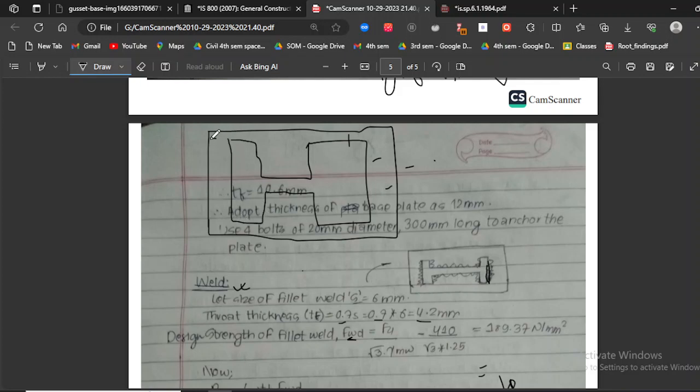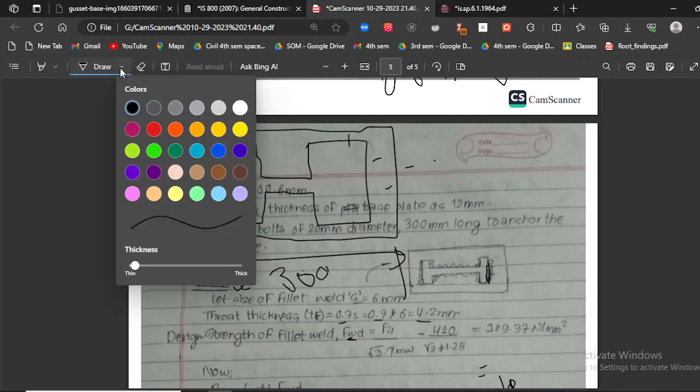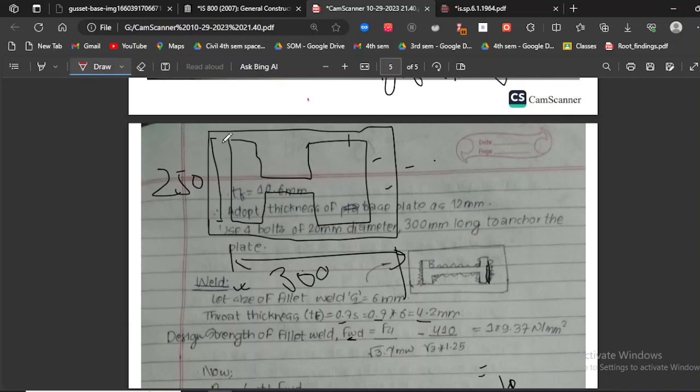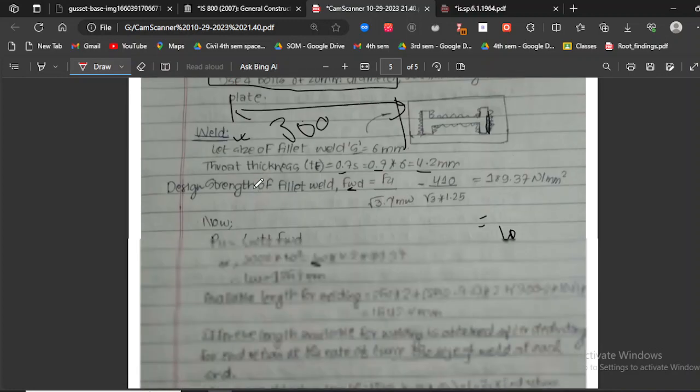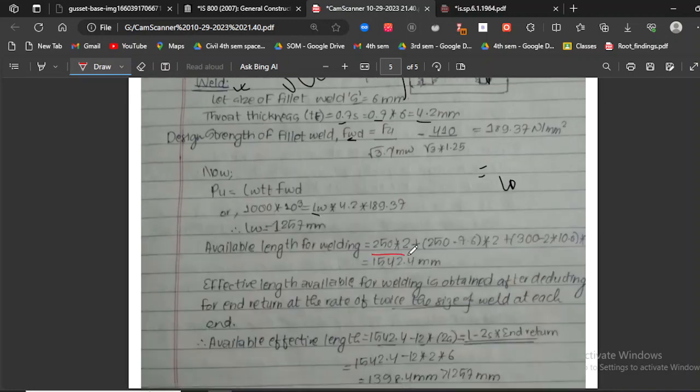As you can see, this distance is equal to 250, while this distance is equal to 300. Let me use red color to show my welding. I'll be performing welding in these two parts, firstly 1, 2. So we get my available length for welding as 250 into 2.